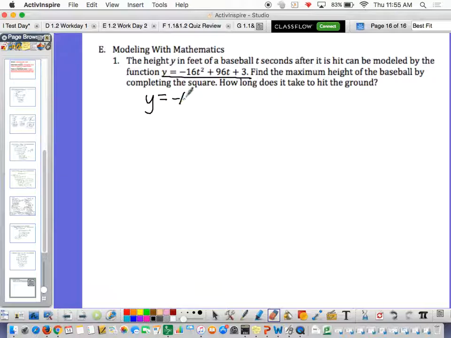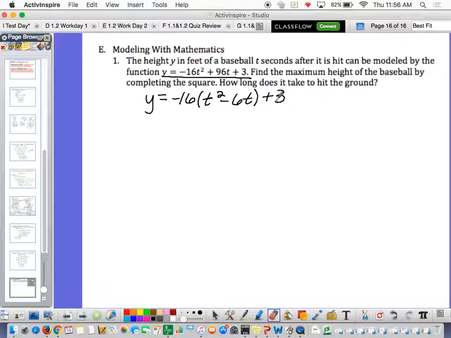So you could just factor out a negative 16 from the first two terms. 96 divided by 16 is 6. So that would create that. And then you would just keep the 3 on the end. You haven't done anything to change the problem. You've just factored out a GCF of only two of them. And that's fine to do it that way.